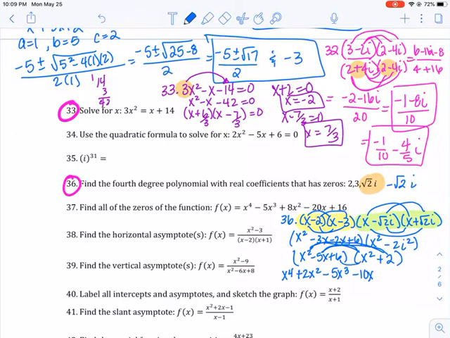Then 6 times x squared would be 6x squared, and 6 times 2 would be 12. Last, you want to combine like terms. So you end up with x to the fourth minus 5x to the third. The 2x squared and the 6x squared go together, giving us 8x squared, minus 10x plus 12.